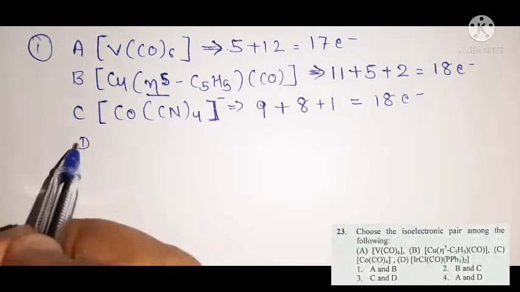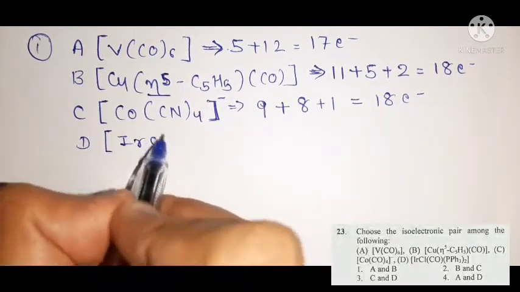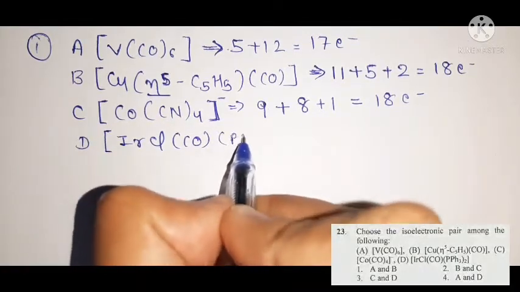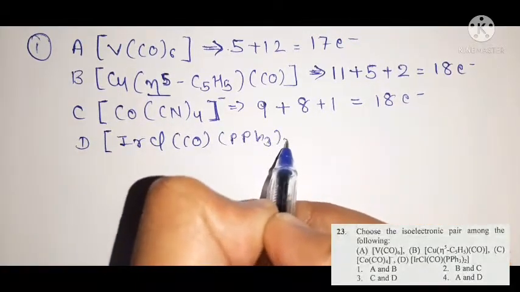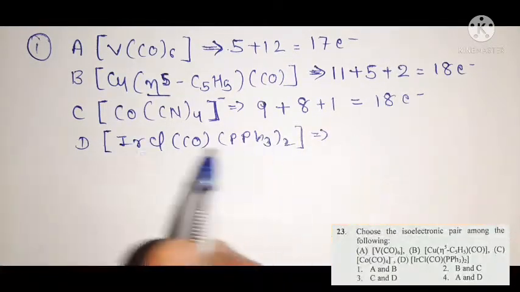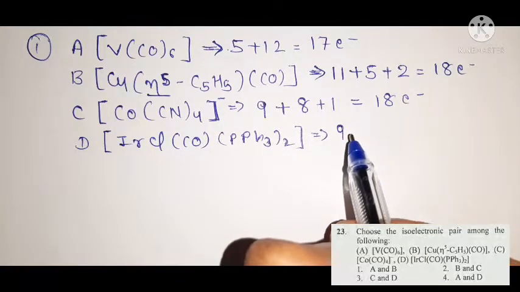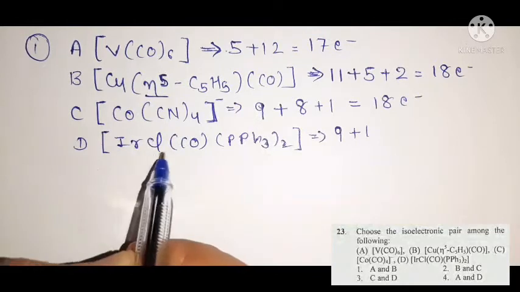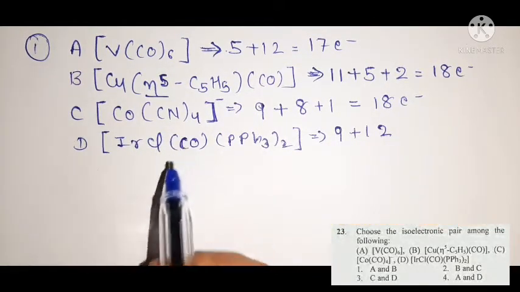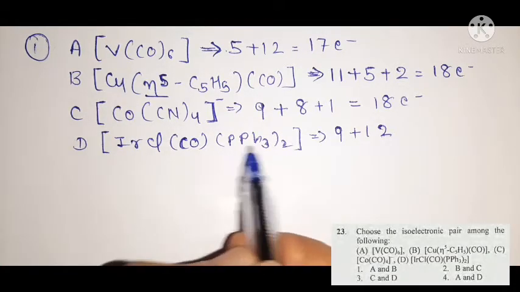Now in complex D, that is the complex of iridium, 1 Cl, 1 carbon monoxide and 2 triphenyl phosphine ligands are present. Now count the electrons in this complex. 9 electrons are present in the valence shell of iridium, plus 1 electron donated by the Cl ligand, then 2 electrons donated by the CO ligand, and 1 electron donated by each triphenyl phosphine ligand.